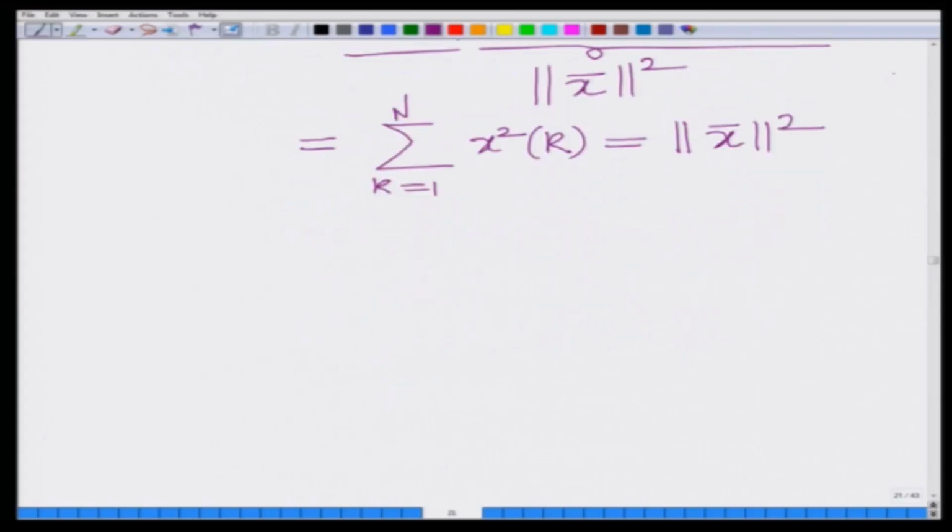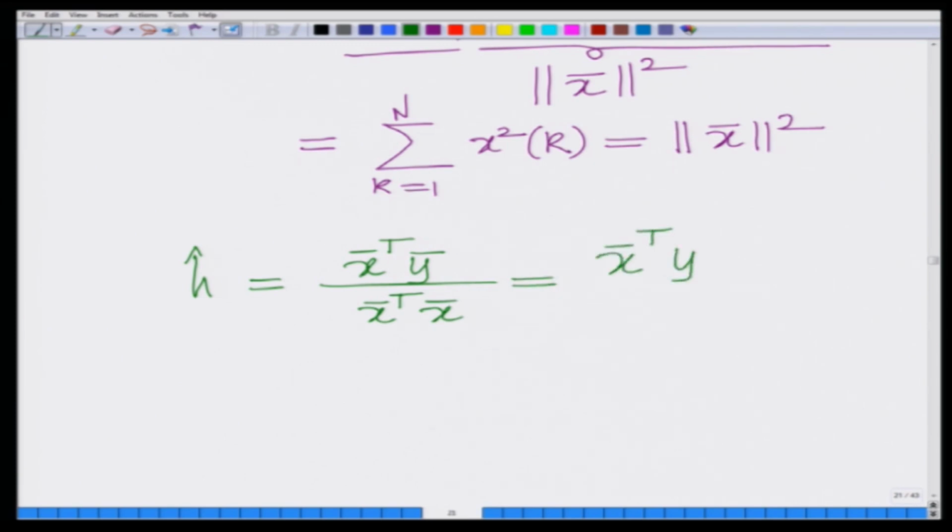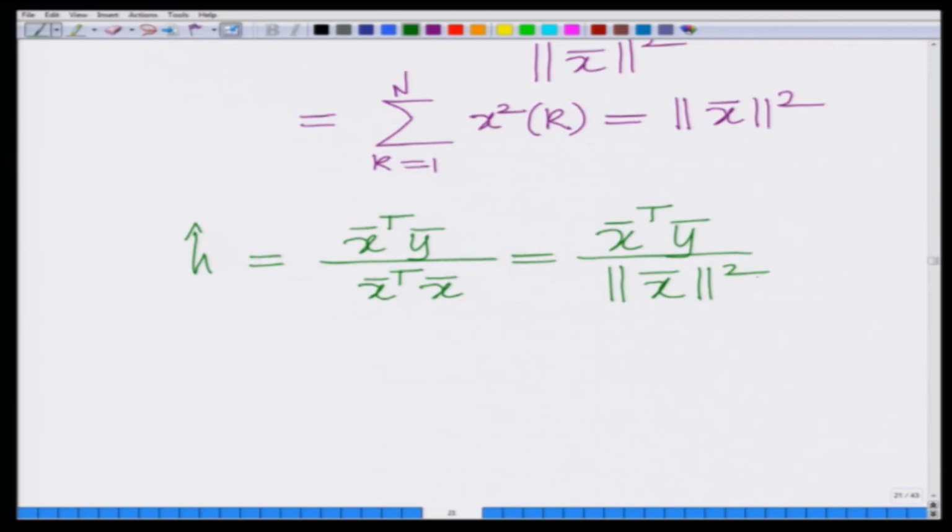Therefore, I can also write the maximum likelihood estimate in a compact fashion as x bar transpose y bar divided by x bar transpose x bar, which is also x bar transpose y bar divided by norm of x bar square. Okay.